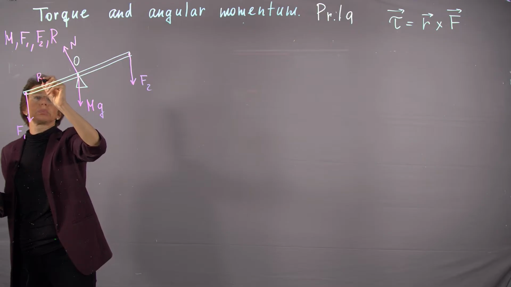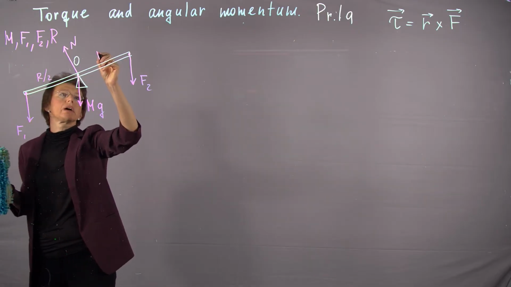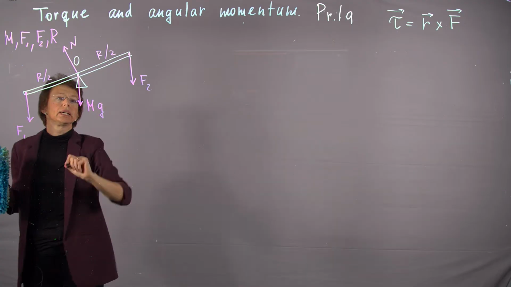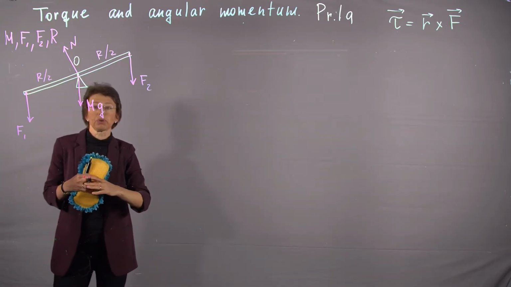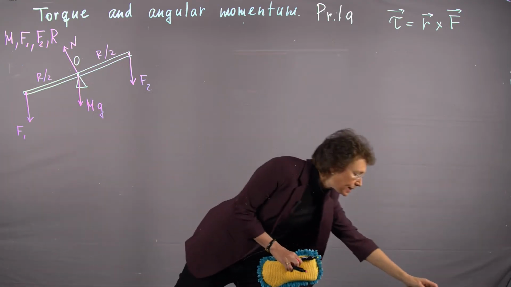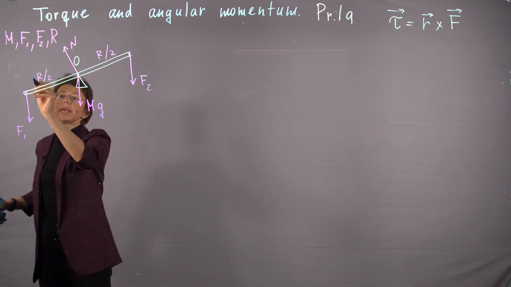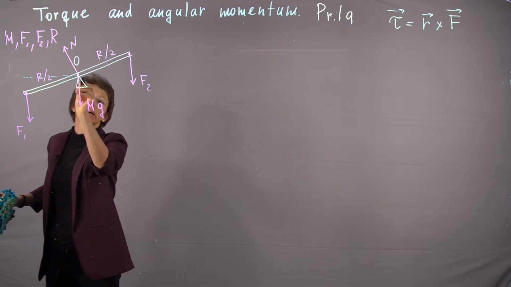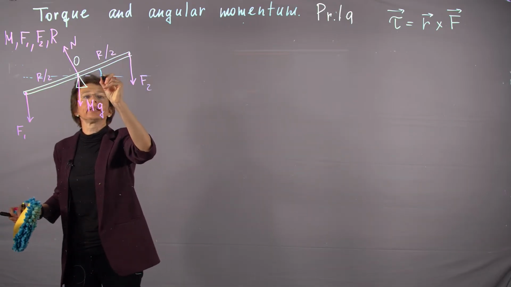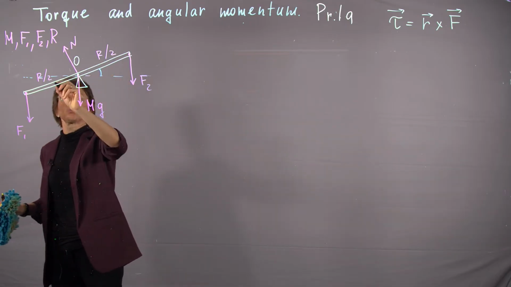This is R over 2, and this is R over 2. And the angle is provided. So this rod is tilted at an angle that we will call theta. Let me draw a horizontal line. This angle theta is also given.